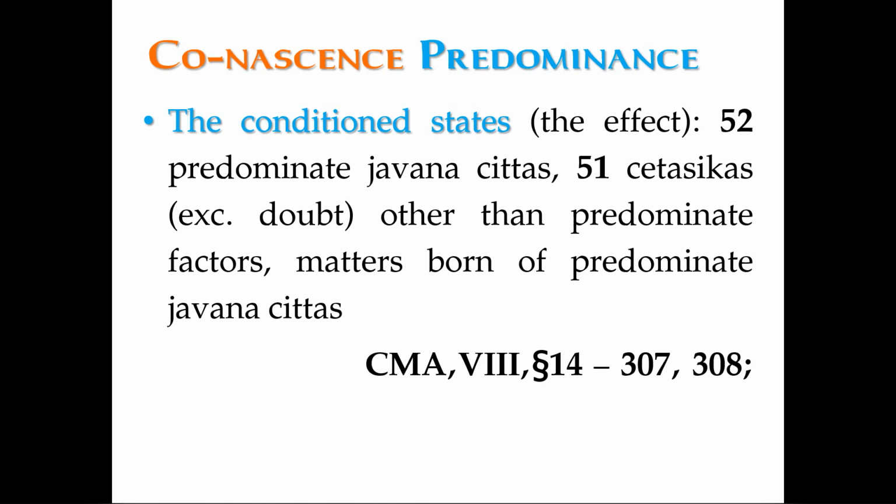Not only that, 52 predominant Javana chetas and 51 chetasikas and material phenomena born of those chetas will arise. So they are the causes. So we are talking about the relationship between cause and effect. So here, by way of object predominance, number one, and by way of cognizing predominance, number two. So they are the quality, how they are related.